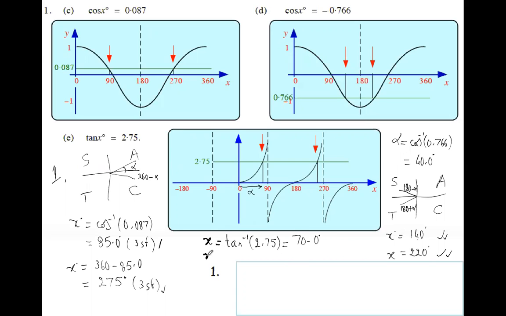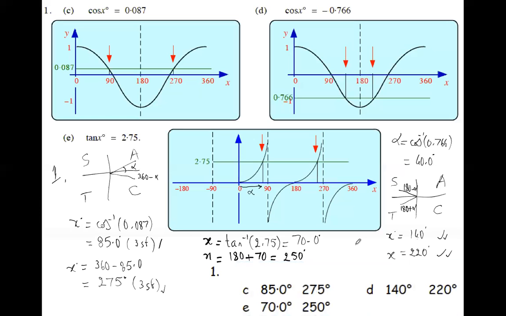And the other x with a tan is positive at 180 plus 70, which is the third quadrant. It's 250 degrees. Let's check our answers: 70.0, 250, 85. So it's just a bit of practice.